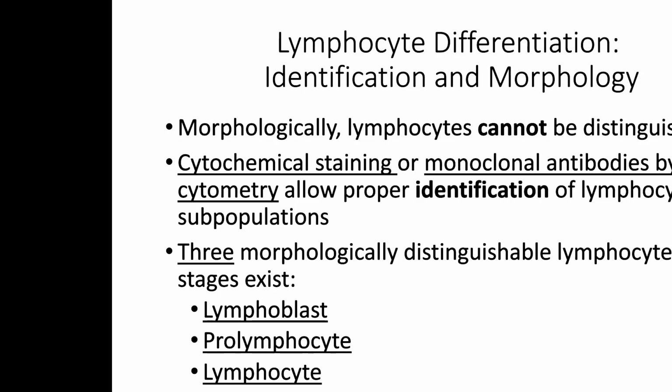The only three morphological stages that we talk about when it comes to lymphocyte development are lymphoblasts, prolymphocytes, and lymphocytes. That is it. These developmental pathways are shared within these subpopulations, but again, the CD markers and the cell functions vary, but we cannot tell that apart visually.